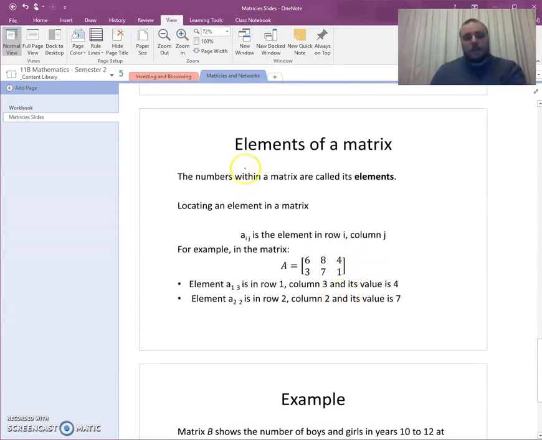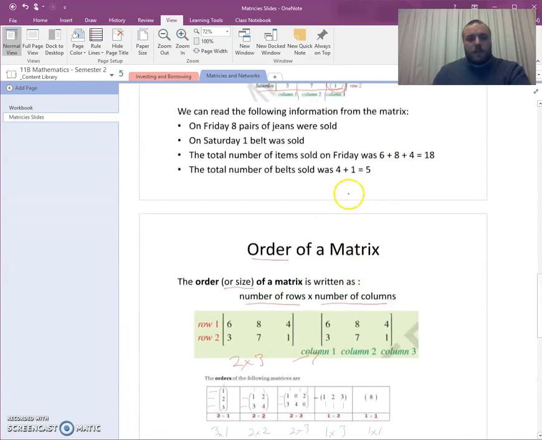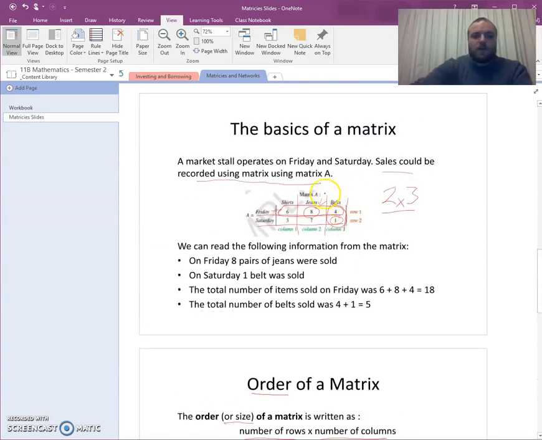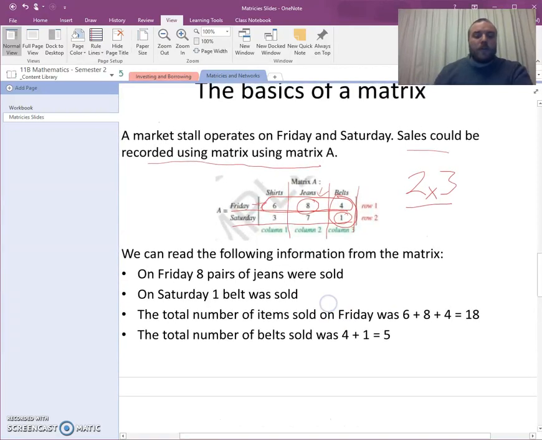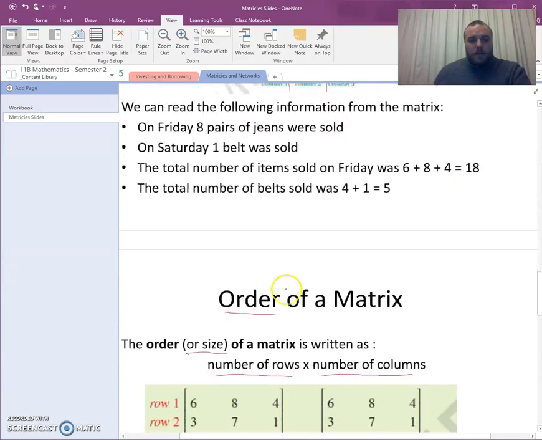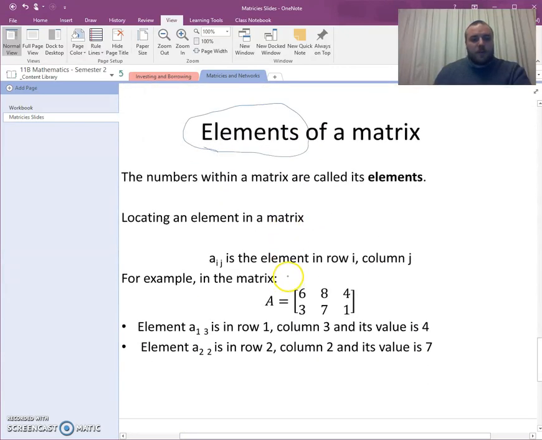All right, elements of a matrix, another word that you need to get used to hearing. Numbers within a matrix are called its elements. So each of these numbers just above here, which was representing the number of a certain amount of items sold on a certain day, each one of those is an element of the matrix. So it's numbers that are sitting within it. And we have a convention for how we write them.